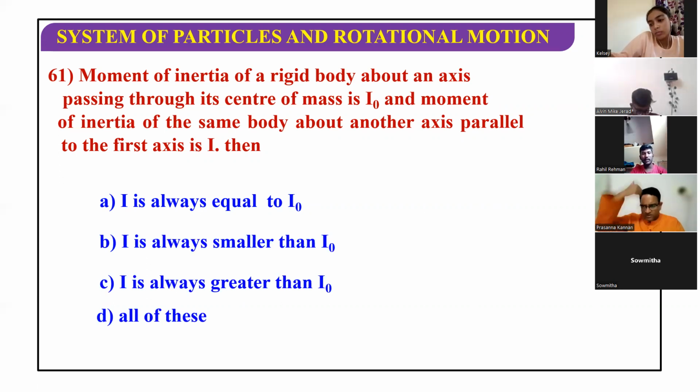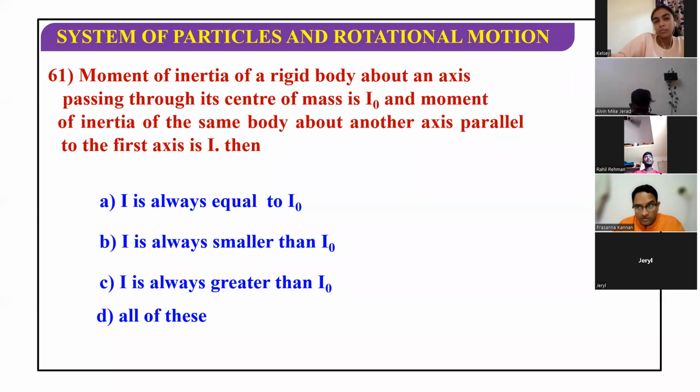I naught is through the center of mass. I is the parallel axis. What can you say about the value of I in comparison to I naught? I is lesser than I naught. How are I and I naught related? Can anybody tell me the equation?